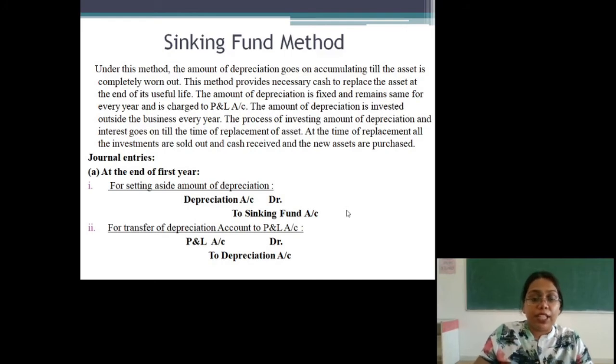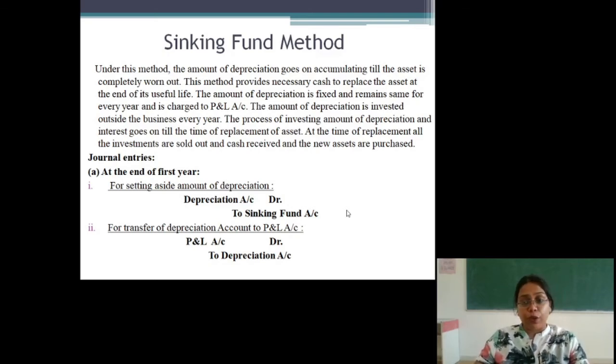At the time of replacement, all the investments are sold and the cash, including the interest, is received from those investments, and from that cash the new asset is purchased.